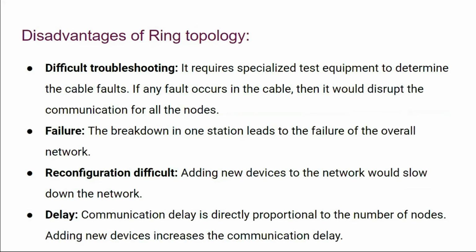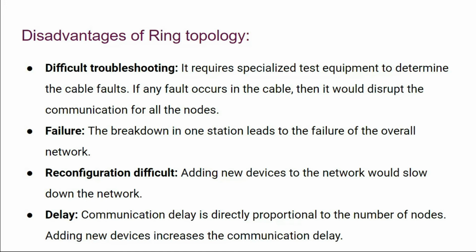Next are the disadvantages. Troubleshooting: when an error occurs in a particular domain, you have to identify that domain and entirely reconnect the network, because if one node is disconnected, all other nodes are also disconnected from that node. So automatically we cannot pass any information.